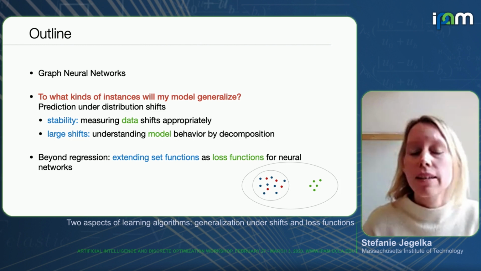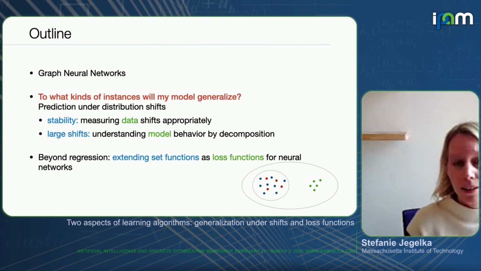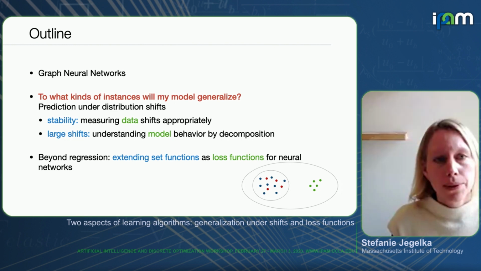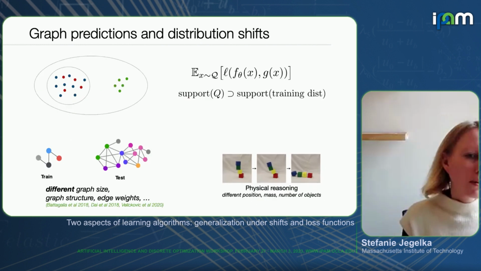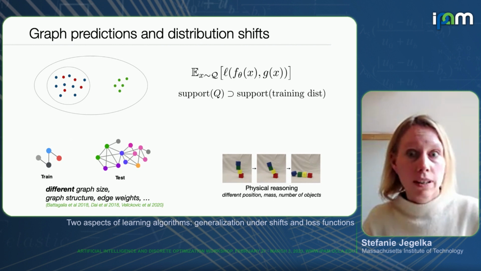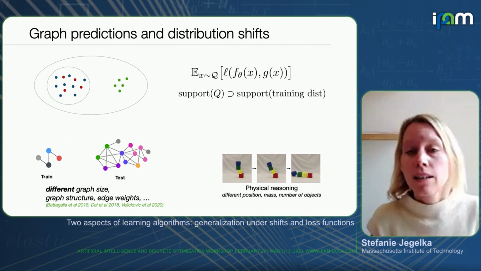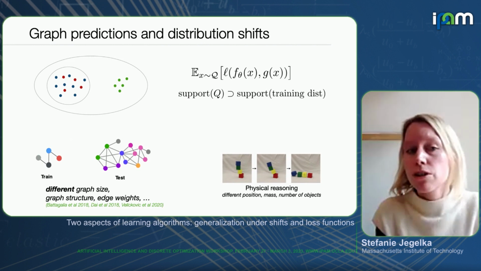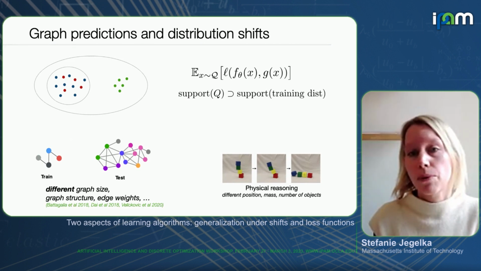A shift means that they look different from what I've seen in the training data. We could formalize that a bit more. I have my data distribution and now I'm looking at test data that comes from a distribution with a different support. So this is not only shifting the weights, but it's really a different support.